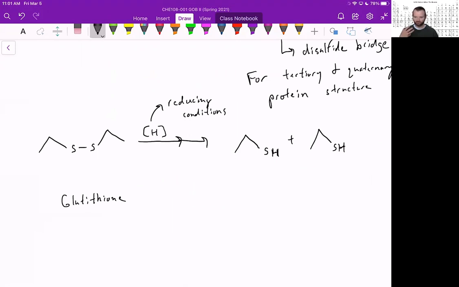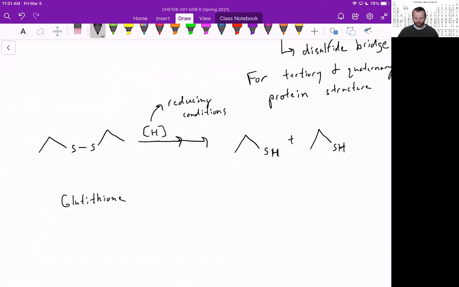You have pretty high levels, especially in your liver, where a lot of detox reactions take place. And cycling between a reduced sulfur and a disulfide bridge, that cycling back and forth, can protect you from some oxidation reactions.